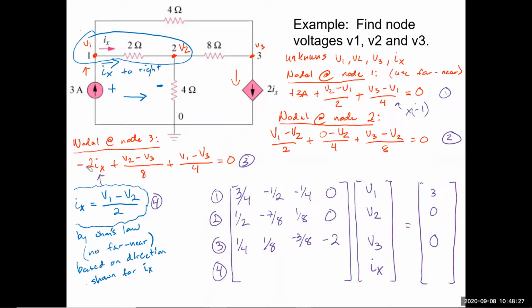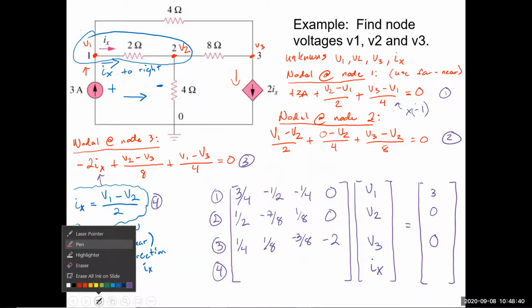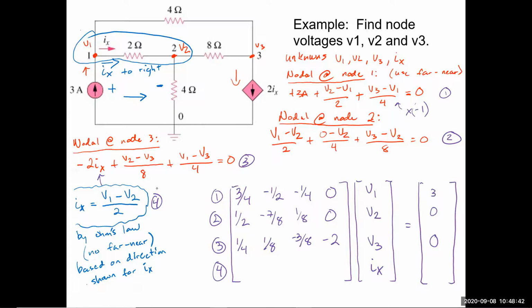Finally, let's do equation number 4. What we need to do is write this in terms of all the constants on one side. If I rewrite this, it's minus V1 over 2 plus V2 over 2 plus Ix is all equal to 0.